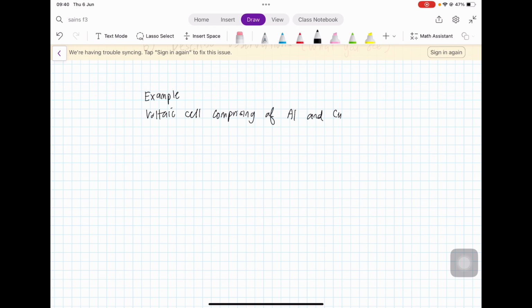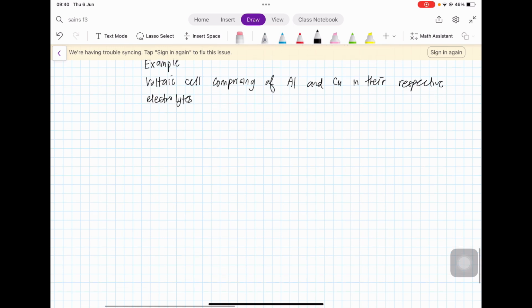Okay, in their respective electrolyte lah. Contohnya ni ada dia punya in their respective electrolytes. Okay, so I'm going to draw you the ni lah setup lah.